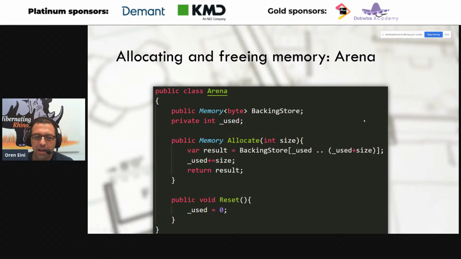I have some backend store, and every time that you want some memory, I give you this range. And when you want to reset, we just do this, and now we're done. This requires that you know that, okay, I'm done using everything that might be using anything that came from the arena. But that was a natural consequence of the notion of using contexts.